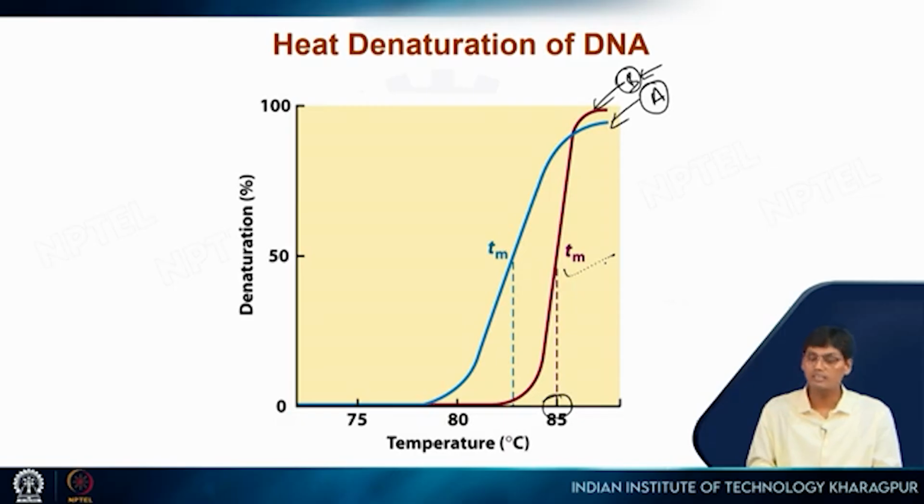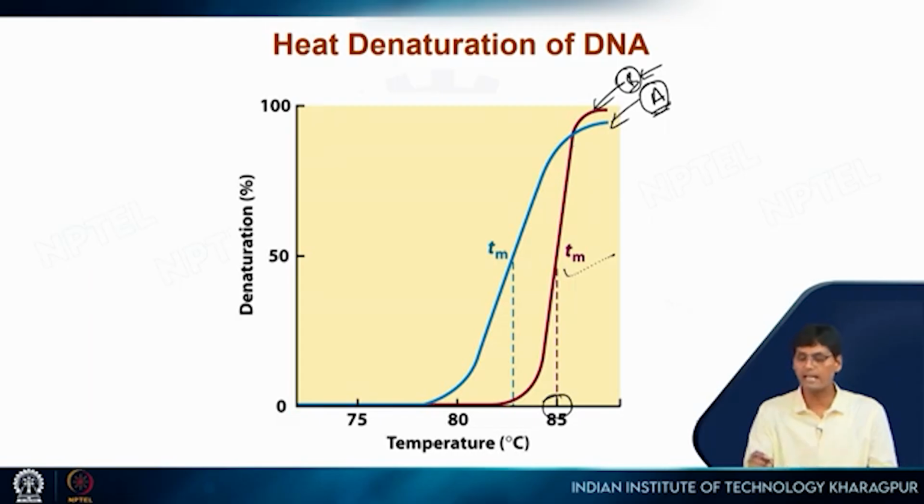This is because in case of sample B, we have more GC content. G and C, their proportion is much more compared to A. Because as I already mentioned, G and C have three hydrogen bonds. That means you need more heat, more energy, to destabilize that hydrogen bonding.